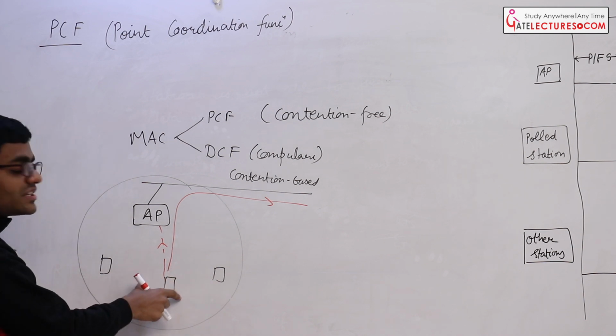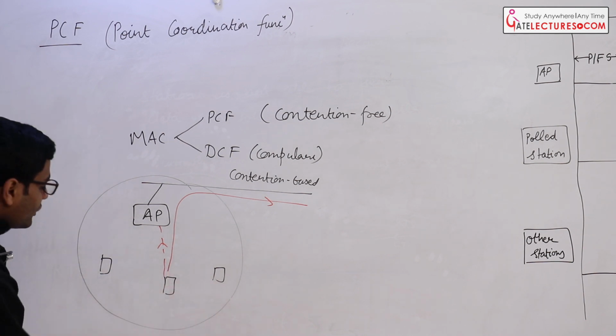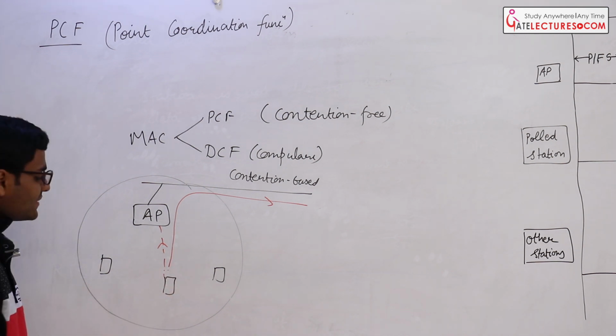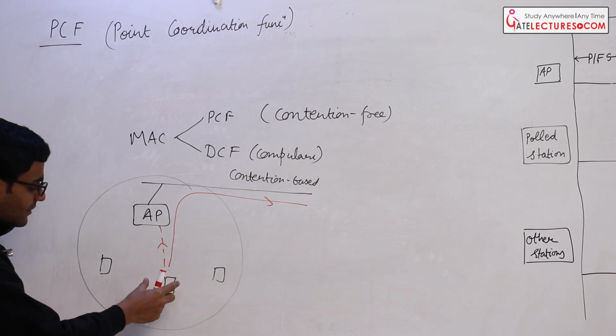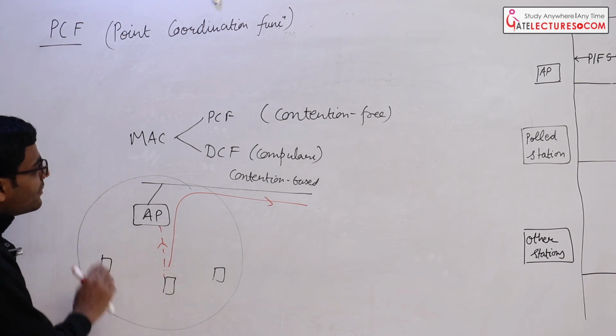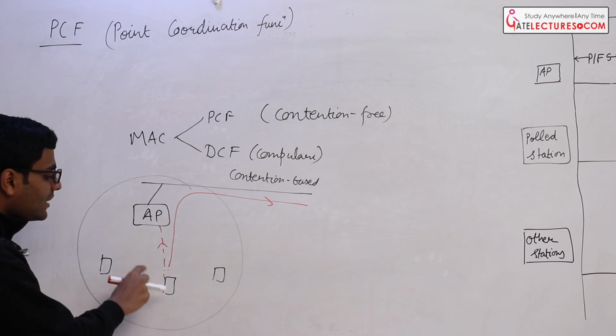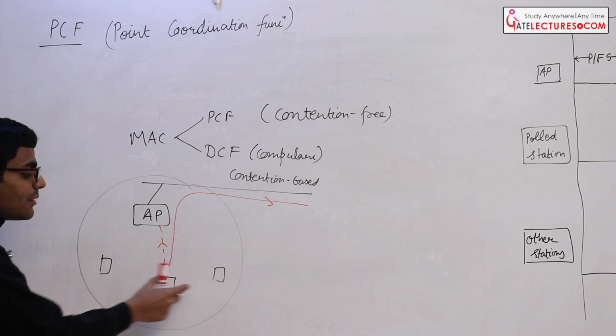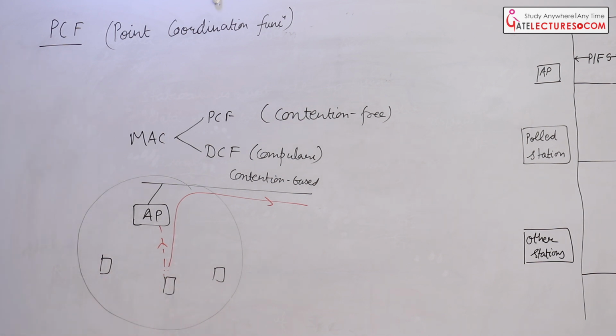So any of these stations can get access to the channel. But what if this station wants to send some time sensitive frames? It means it is important for this station to get the channel first. But if I am running only DCF, there is no way I can guarantee that this station will get the channel. Any of these stations which are competing with it can get access to the channel.